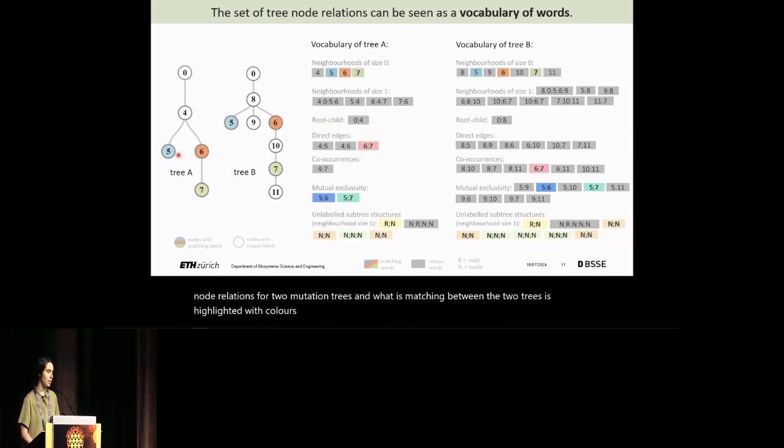Not only the individual nodes are matching, the ones with labels 5, 6, and 7, but also the node relations between nodes with labels 6 and 7 are matching. Here we have a direct edge, and here we have a co-occurrence in tree B. Also, we have a matching mutually exclusive relation between labels 5 and 6.